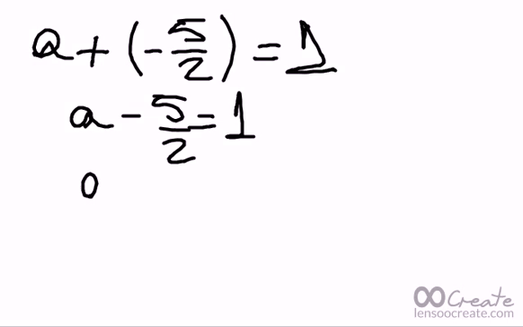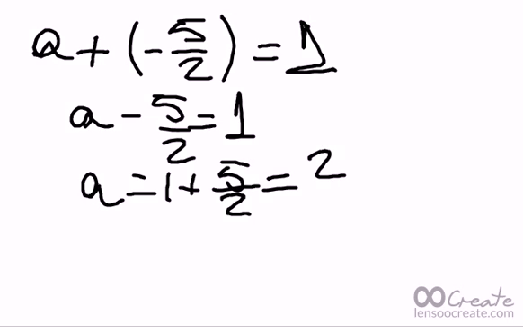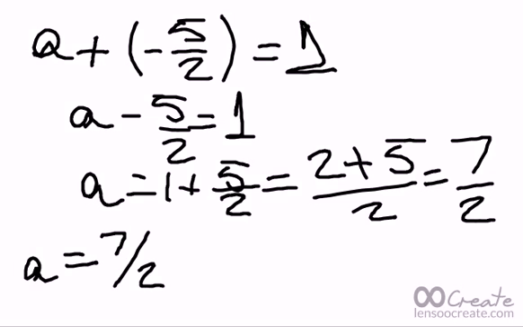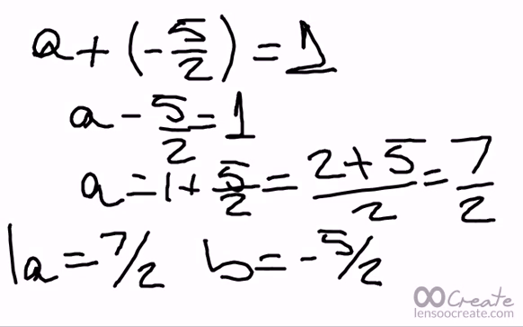Then a equals 1 plus 5 and a half, which equals 2 plus 5 over 2, which equals 7 over 2. So now I have both of my values: a equals 7 and a half and b equals minus 5 and a half.